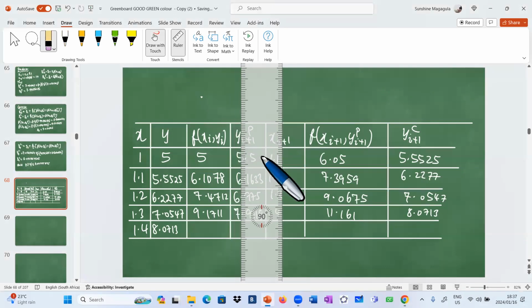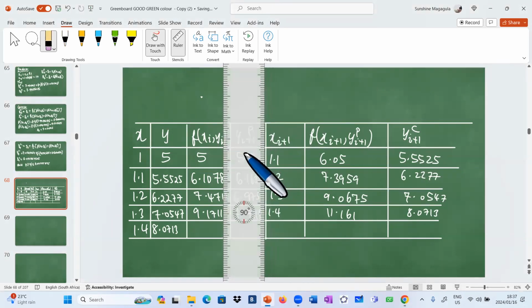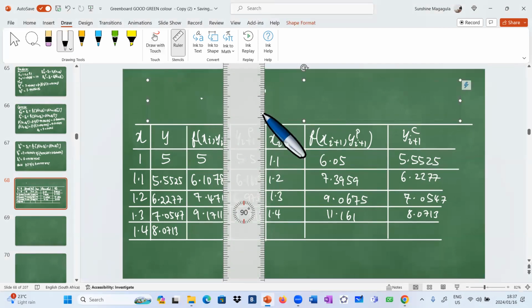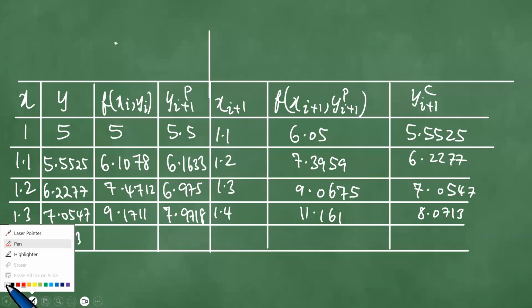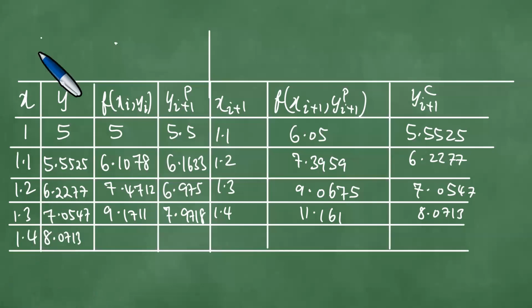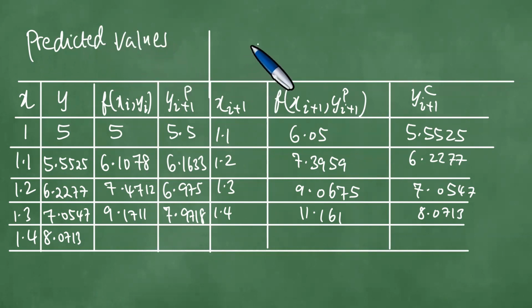Now the xi plus 1 for the corrector, and then you have the predictor as well. So predicted values, and then these ones are the corrected values.